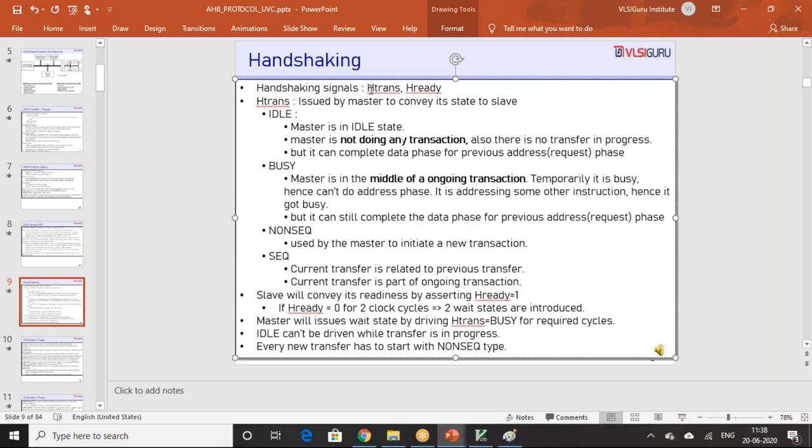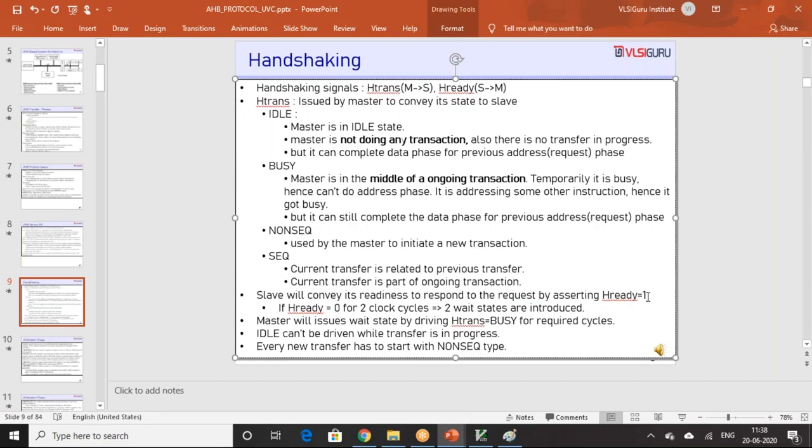So who drives H trans? Master or slave? Master. It is from master to slave. Who gives H ready? Slave. So slave will convey its readiness to respond to the request by asserting H ready.